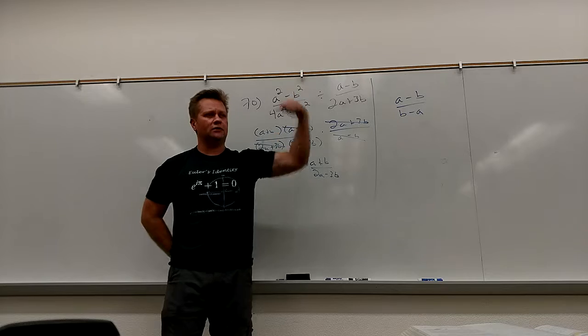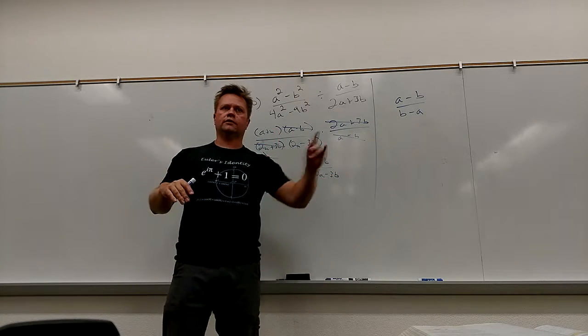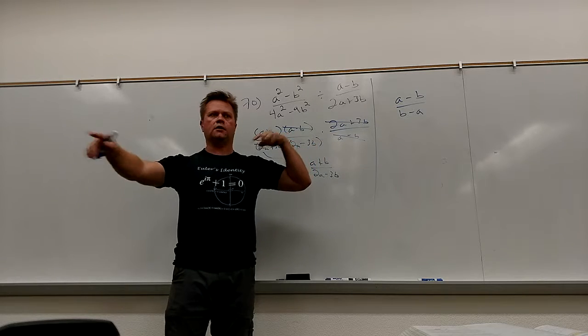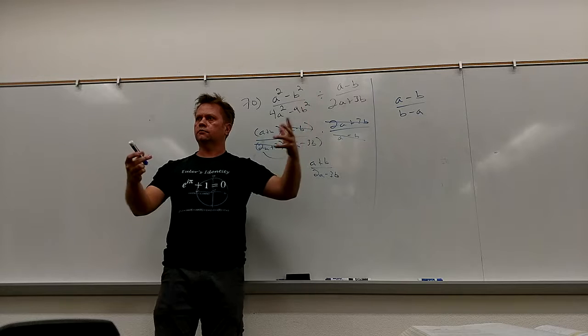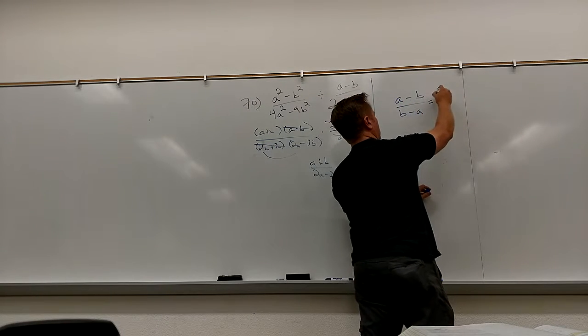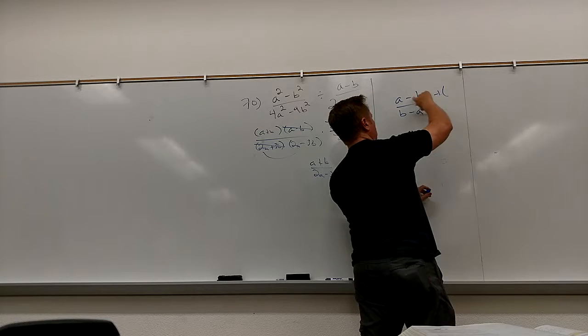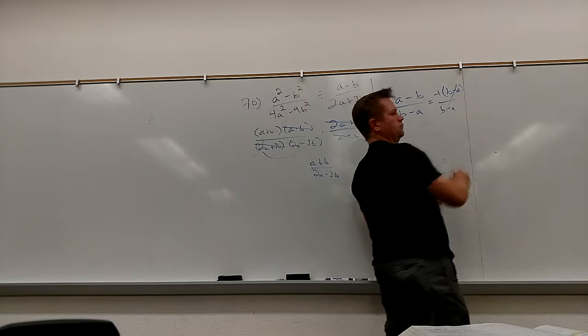But the top is related to the bottom, right? And remember, the whole idea of simplifying is factoring and then seeing what's the same. So what can you take out of the top, for example? Negative 1. Yeah, negative 1. So now the b becomes positive and the a becomes negative, and now you see, bam.